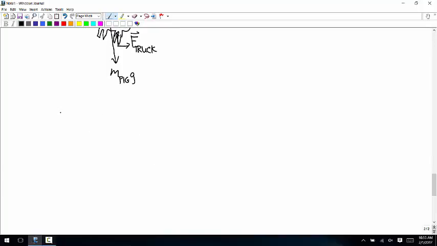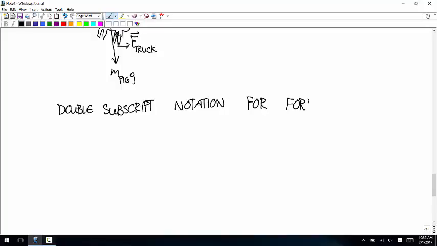Now there's a convention we're going to use when we talk about force vectors. I'm going to call it the double subscript notation. It's the same one we used in statics for the people who took statics with me. Double subscript notation for force vectors.